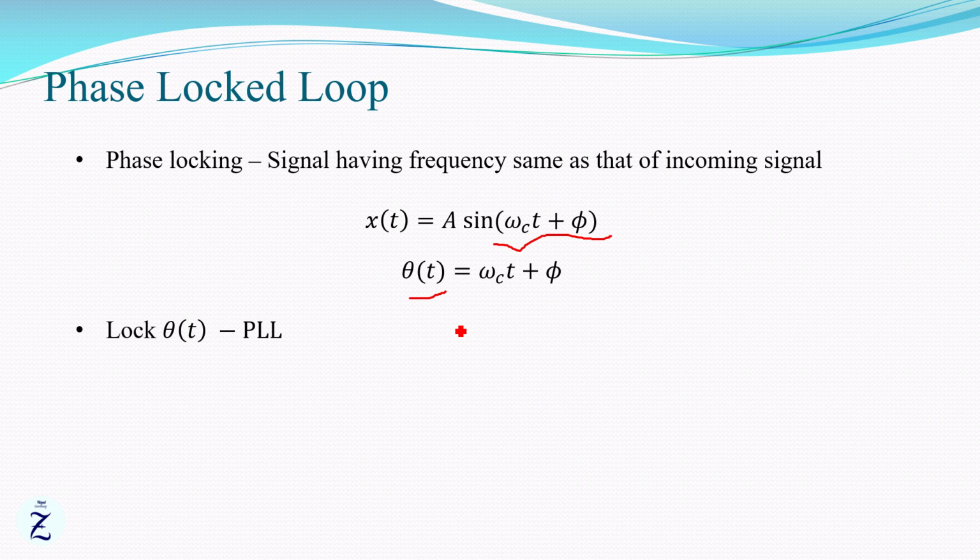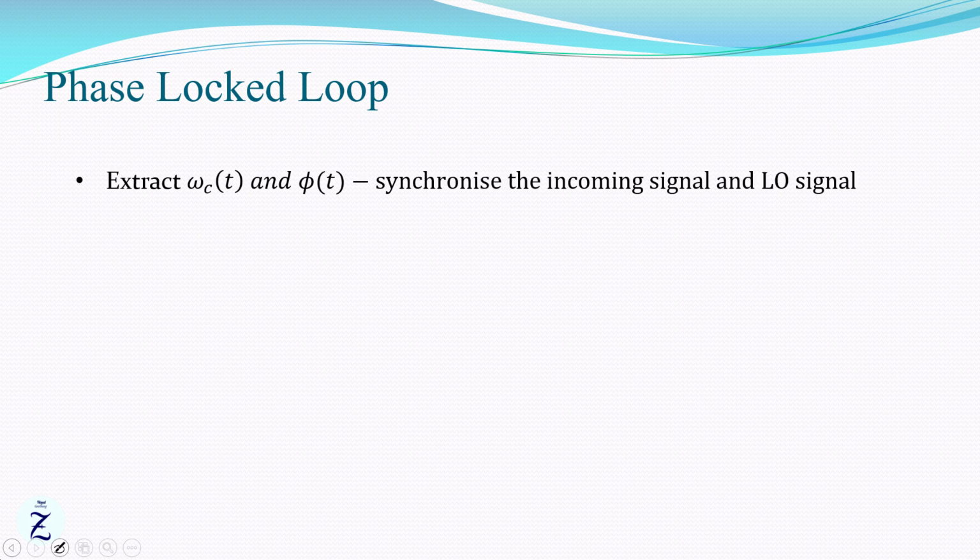Within this there are two constituent parts: one is frequency, another one is the phase. In these terms, one of the terms can be time varying, or both of them can be varying with time. Hence, we have to extract the time varying term to synchronize the locally generated signal with the incoming signal.